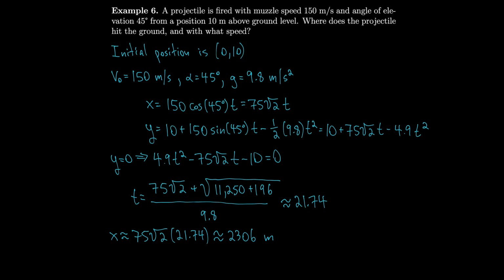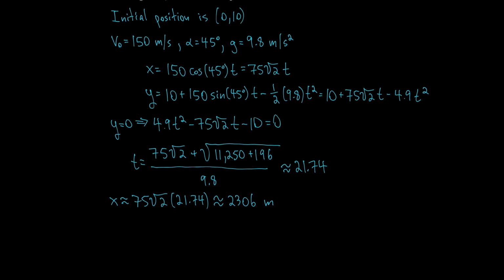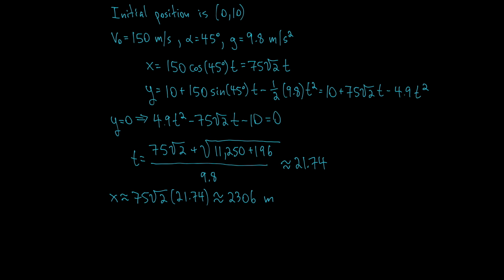Let's see if we can get the speed now. So to figure out with what speed, we will first need velocity. So that's our derivative of position. So that's just 75√2 i for our x value when we take the derivative, and then 75√2 minus 9.8 t j.